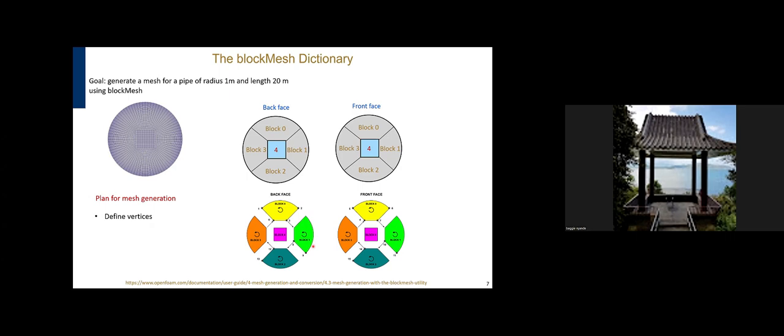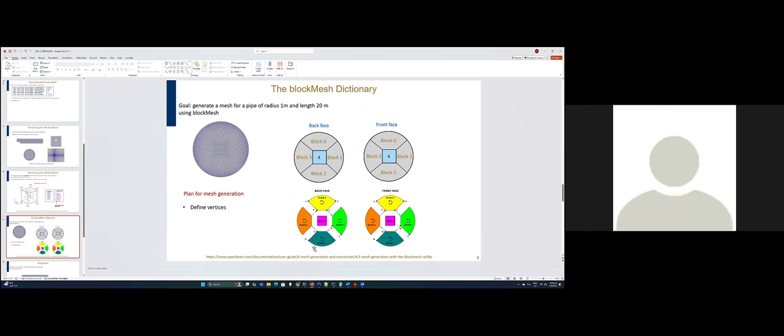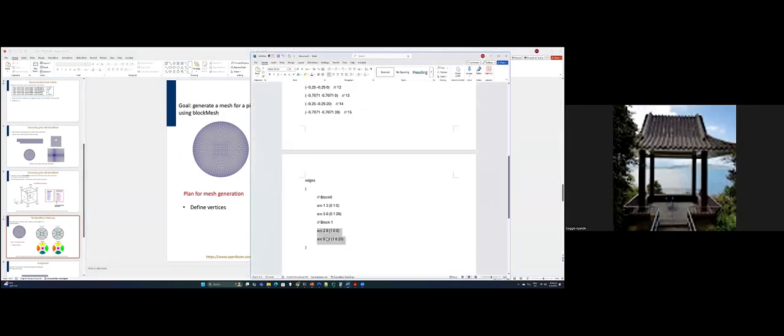So you need to do the same thing back and front. Do you get it? Another one will be 0 minus 1. So down there will be 0 minus 1, 0? Yes.